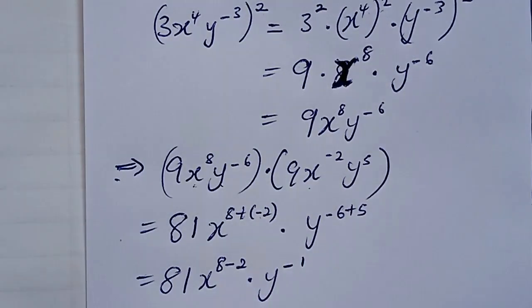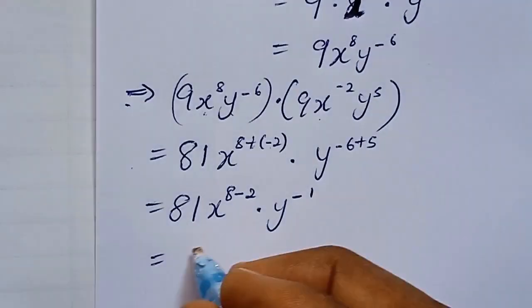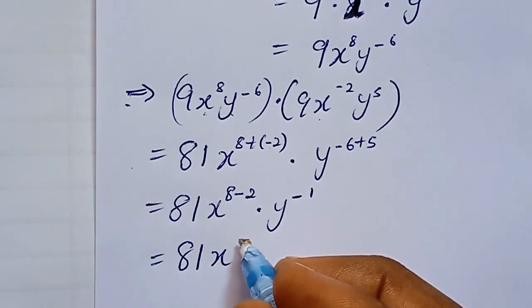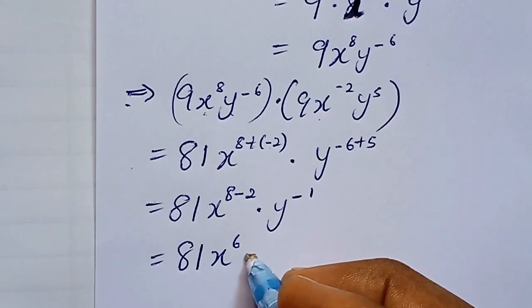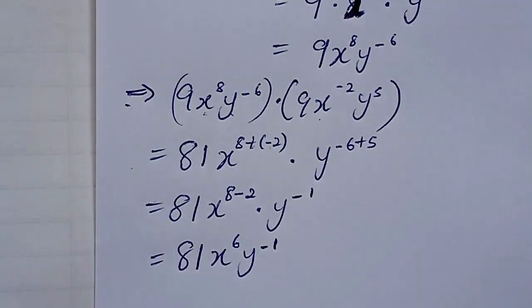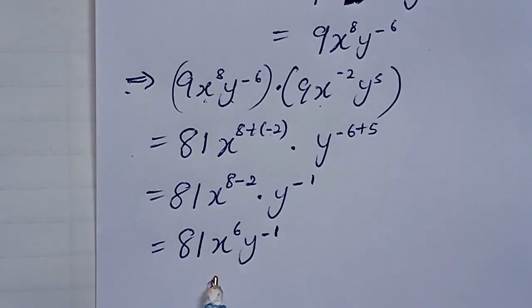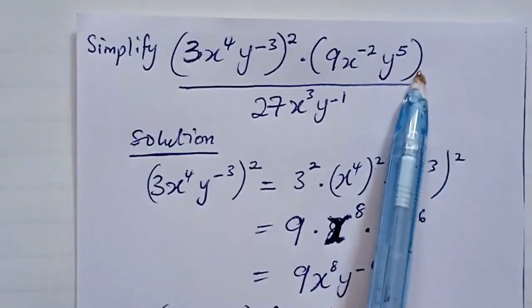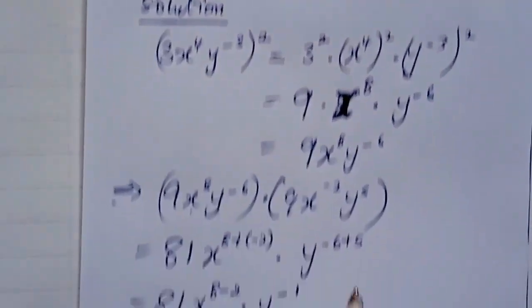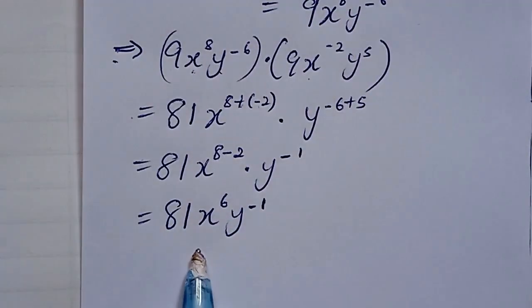So this will now be written as 81x^6 y^-1. Okay, this has been simplified. That is, all the expression at the numerator has been simplified to this form.